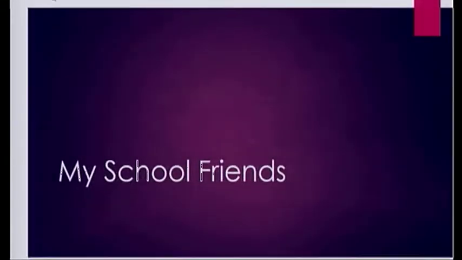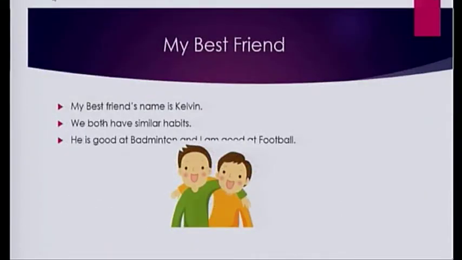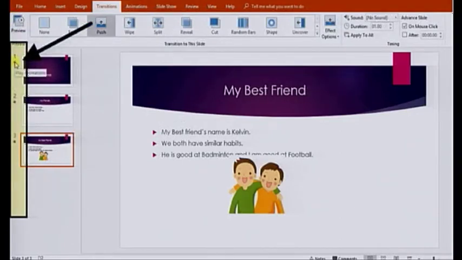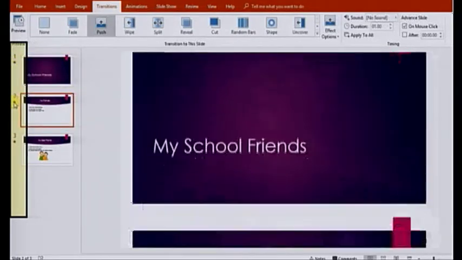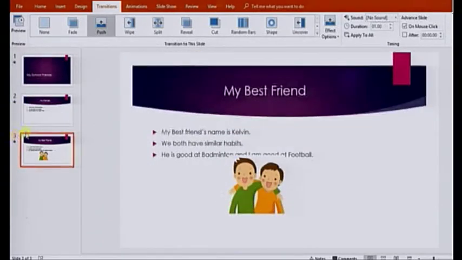Use the mouse or arrow keys to move the slides. You will notice a shooting star beside each thumbnail slide after applying the transition to the slides. You can click on each to preview the slide transition effect for a selected slide.